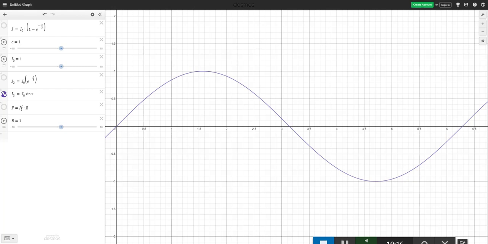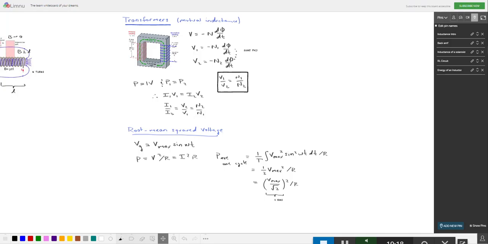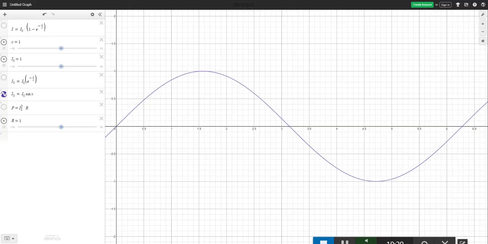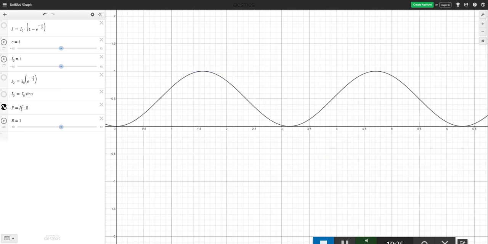Well, what we have to remember is that power is equal to the product of voltage times current, or using Ohm's law, I can get V squared over R or I squared R. So that means I need to square my current value. And so here's power equals I squared R, so in the black line. Now we can see that the average value of this black line isn't 0 anymore. It's 1/2, right? If you flatten this out, you average it out over a whole period, now you get 1/2.